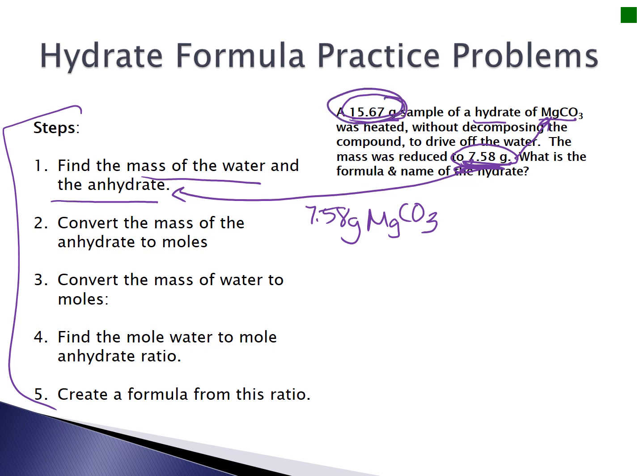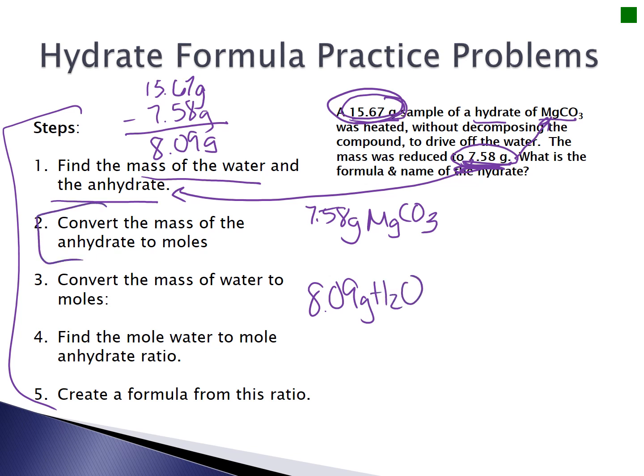Originally it was 15.67, and that had the magnesium carbonate and the water, and then it went down to just the magnesium carbonate. So the difference would be the water that was driven off. 15.67 minus 7.58, I get 8.09 grams of water.